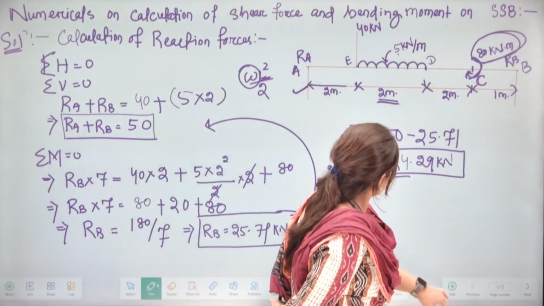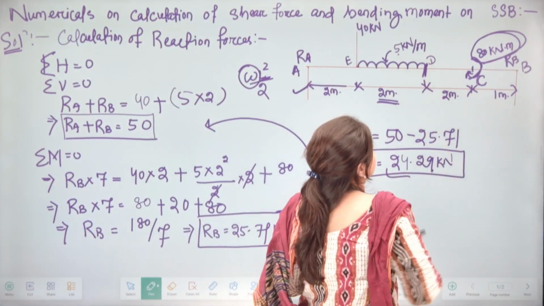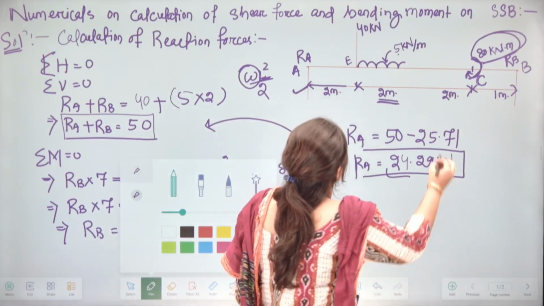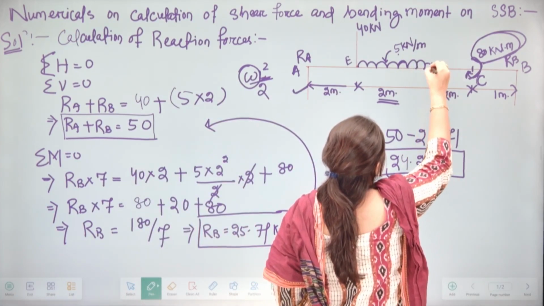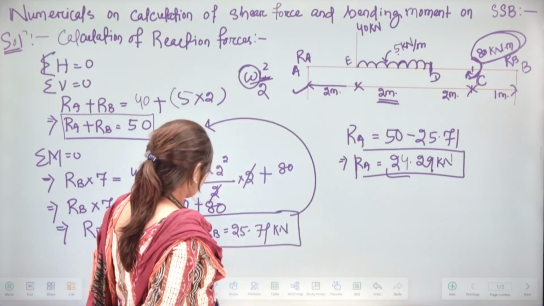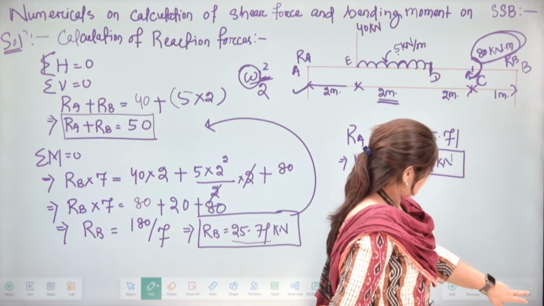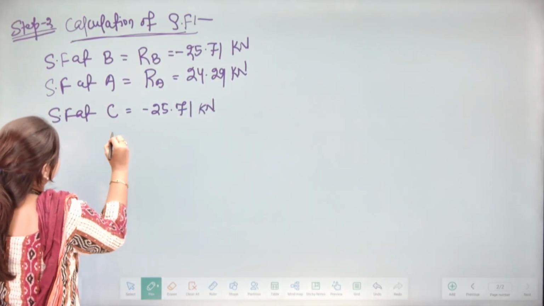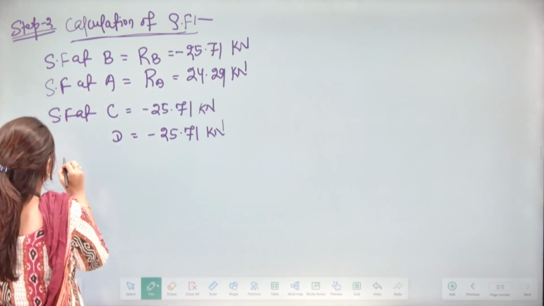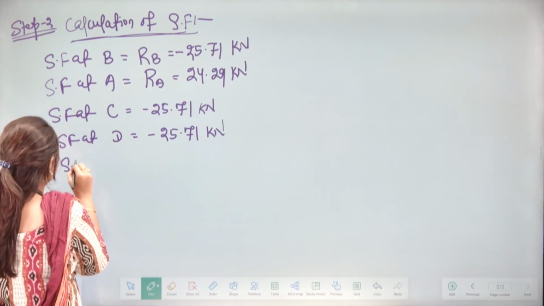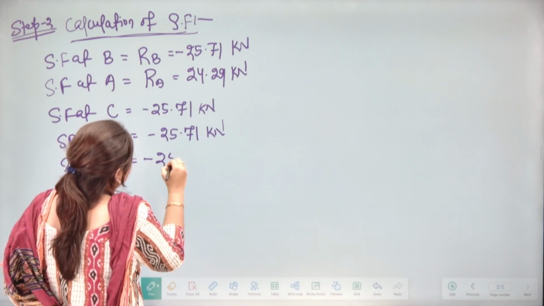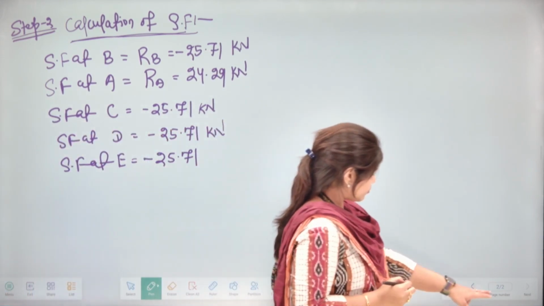Next, at point D, up to this point we don't have any forces, so at point D we will have this value, minus 25.71 kilonewton. At E, we will have minus 25.71 here.